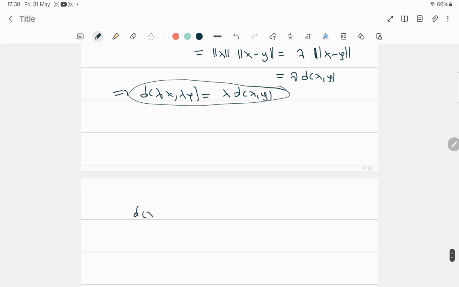We have d(x,y) equals d(y,x), d(x,y) equal to 0 when x is identical with y.